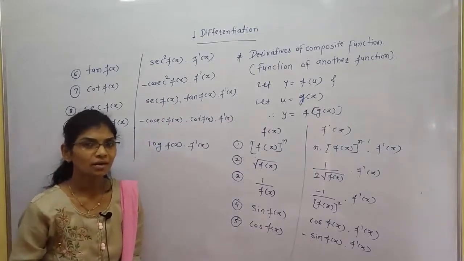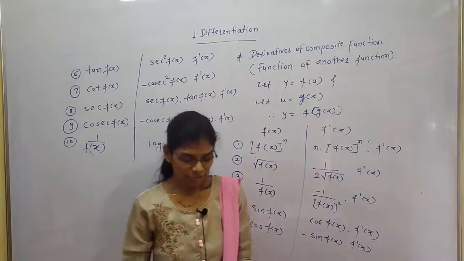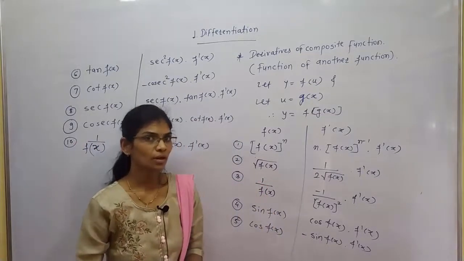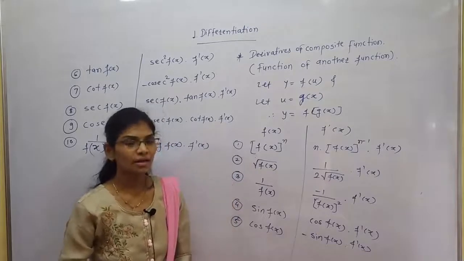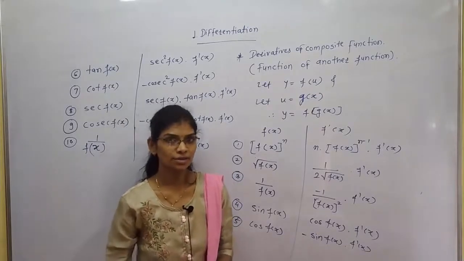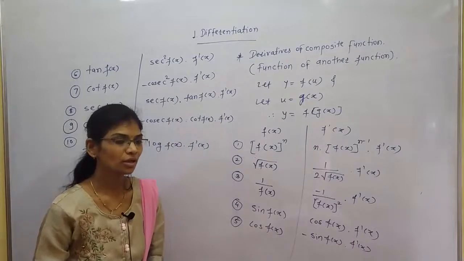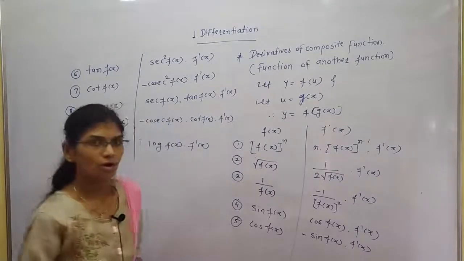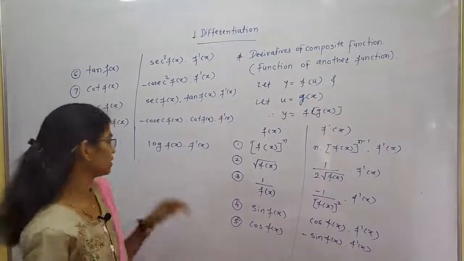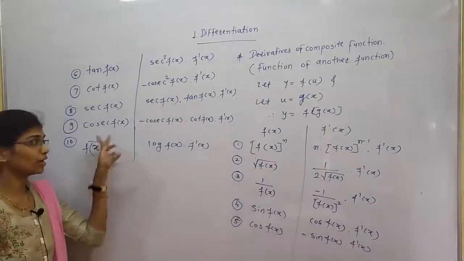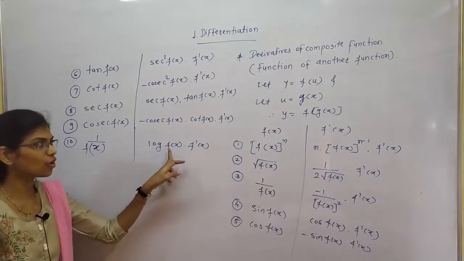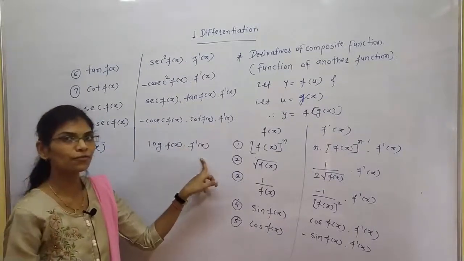It means the composite function is a function of another function. Second one is that in standard functions, we learned that the derivative of log x is 1 by x. But here, for the log of the whole function, at that time you have to write 1 divided by the function multiplied by the derivative of the main function.